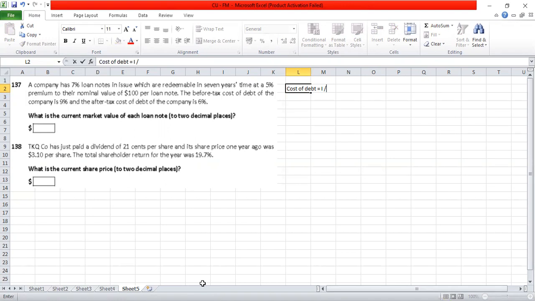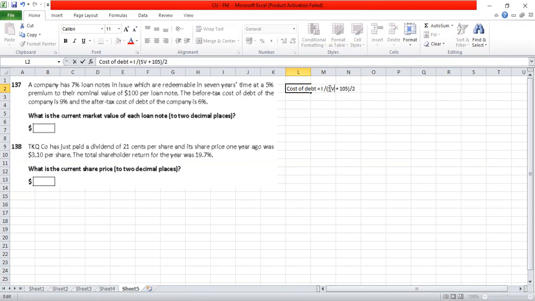So we would take it as interest divided by the face value or sale value.